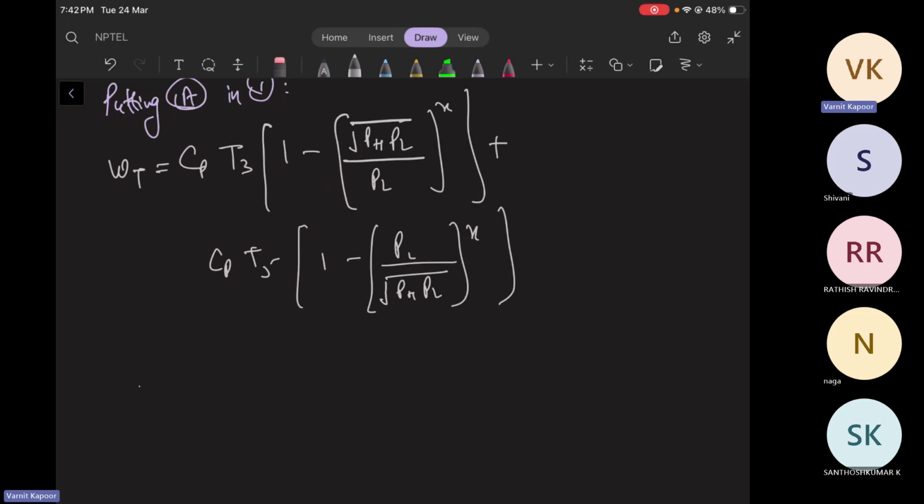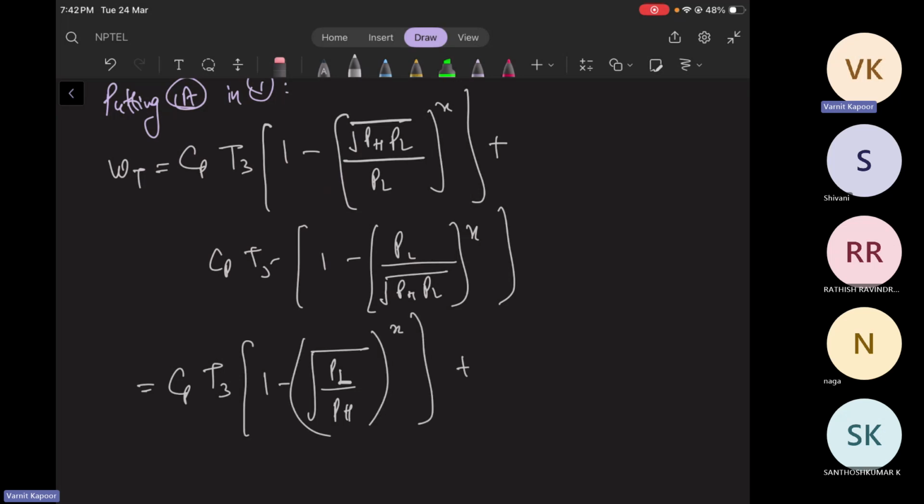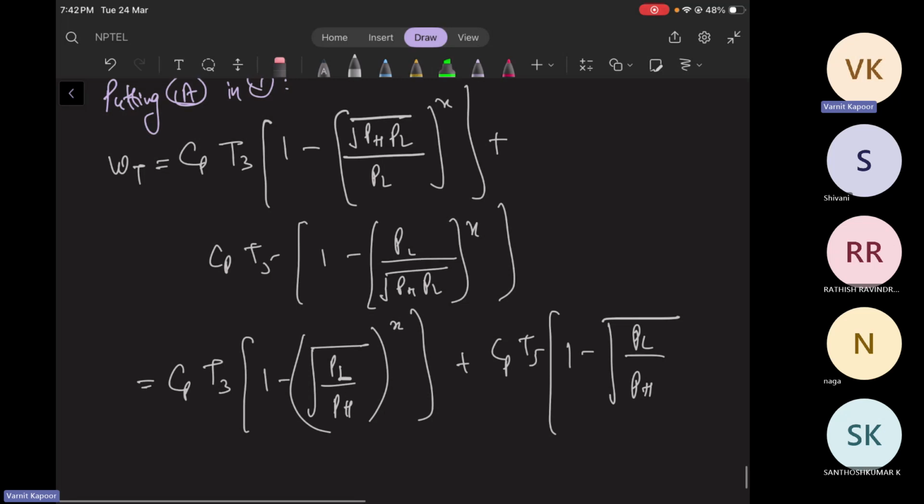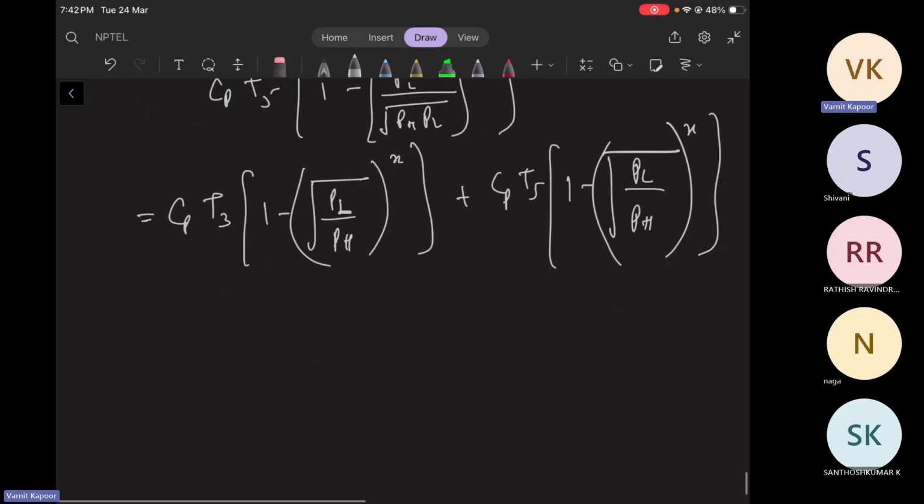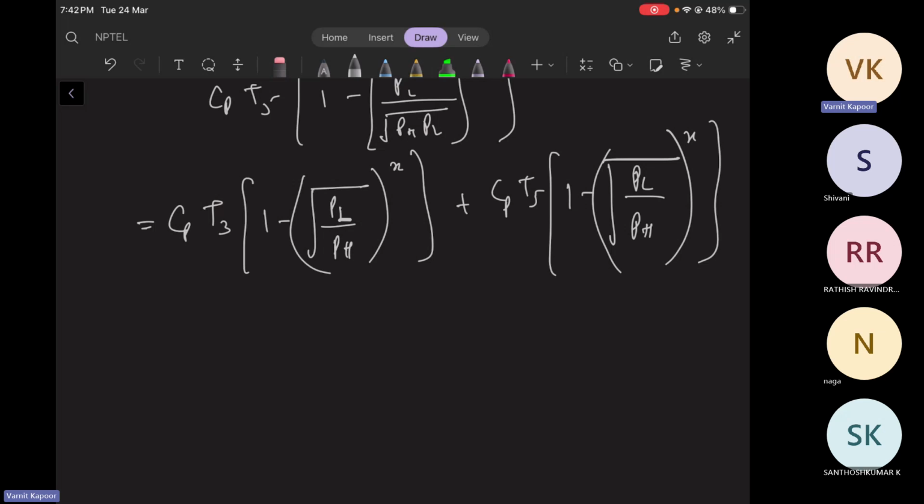So on simplification, you can write Cp times T3 times 1 minus under root of P lower by P higher, to the power of x. Sorry, I was writing it wrong. Plus Cp times T5 times 1 minus under root of P lower by P higher, to the power of x. And this is the same, so it can be written 2 times.